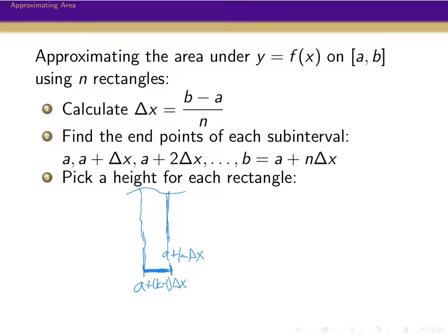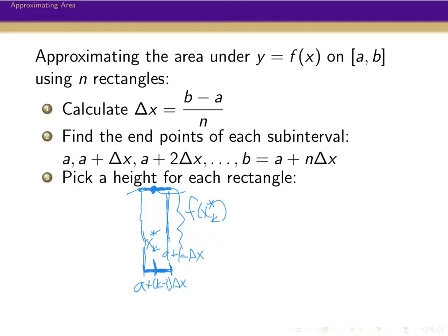And so we can just pick some height, being the value of the function somewhere, and that's going to be the height of our subinterval. The point that we pick to take the function value, we're going to call x sub k star. And so then the height of this rectangle is going to be what we get when we plug x sub k star into f.